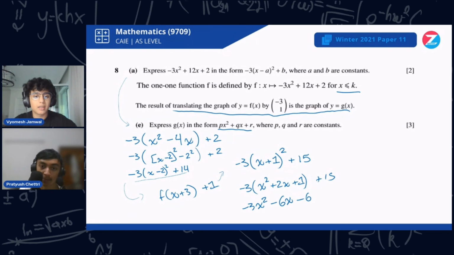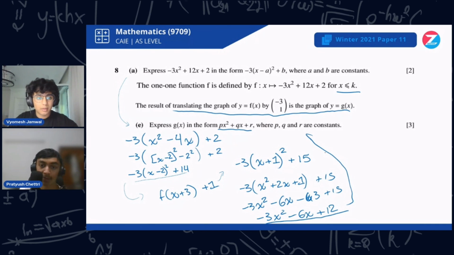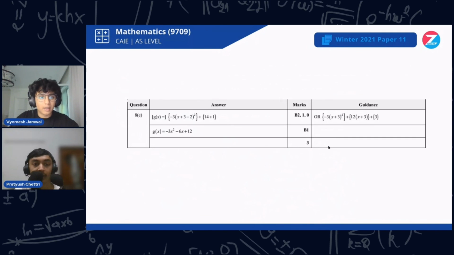That's minus 3 plus 15. So that would give minus 3x squared minus 6x plus 12. And that is in this form, constants. Let's just check. I think that is correct. Yeah. Plus 12. Yep, we good.